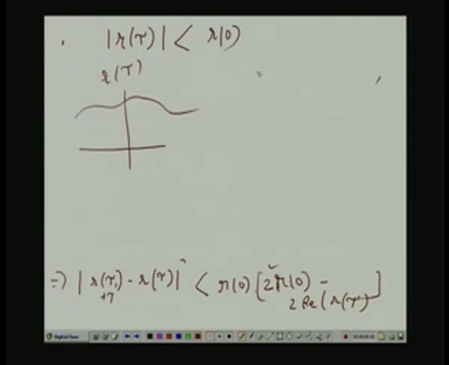That means given any real number epsilon greater than 0, however small, around 0 you can find a range, maybe plus delta minus delta, so that when you are within this zone, then the gap between R 0 and R tau is within epsilon. Okay. Epsilon may be very small.